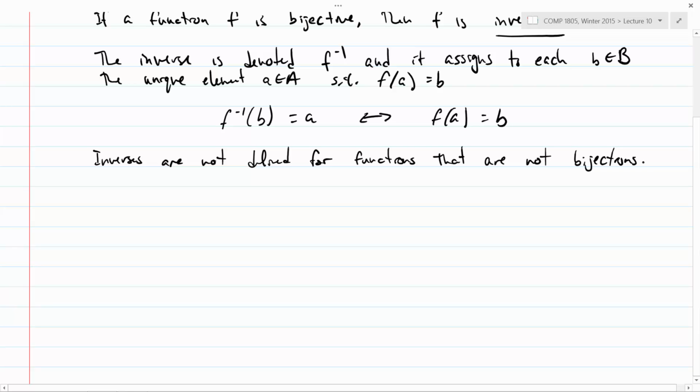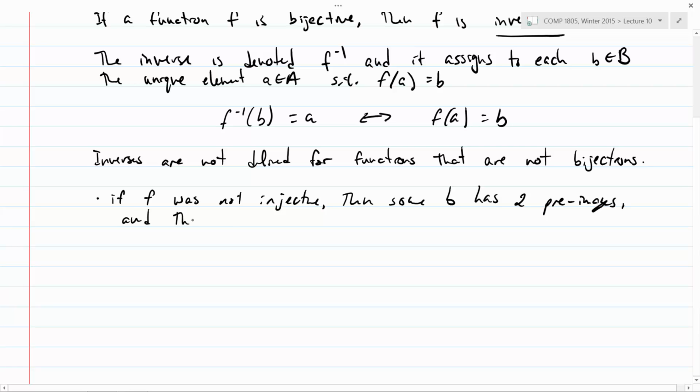All right. So let's formalize why. One reason is if f was not injective, then that means some b has two preimages, and therefore f inverse of b would have two values, and that would mean it's not a function.